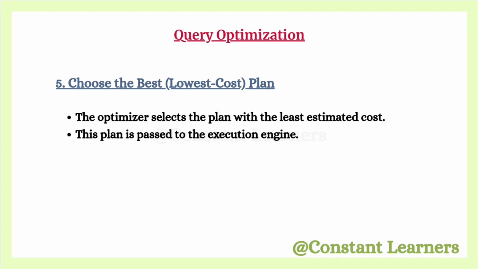Now, the lowest cost does not always mean money, right? Of course, money is an important factor. The machine should be used less number of times. That is, the processing should not take a very long time. That is also important, right? Then the resources used must be minimal.